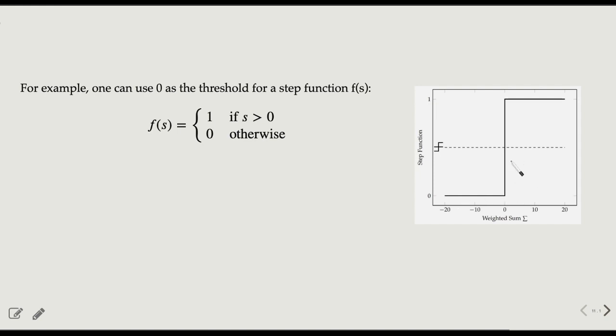Okay, so we can have a step function, something centered on 0, where if it's greater than 0, then you are going to predict the outcome to be 1, which is a positive class. Okay, if it's less than 0, then you are going to predict everything to be 0, which is the negative class. So this is a very simple step function with a threshold.